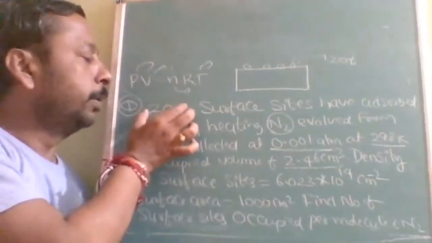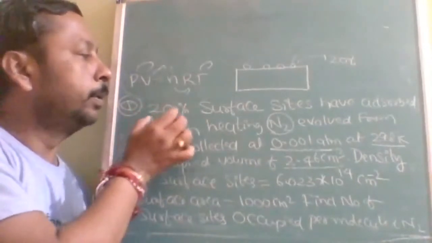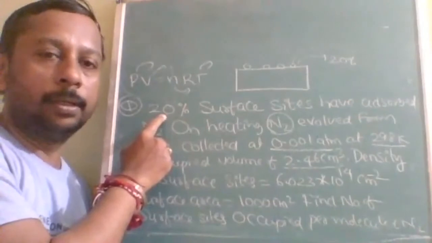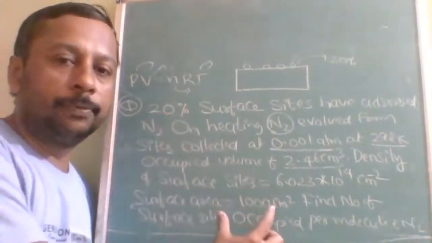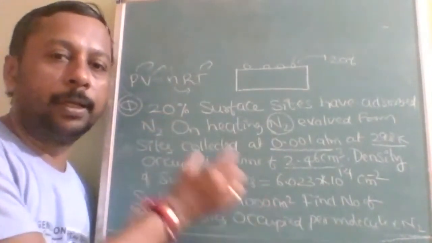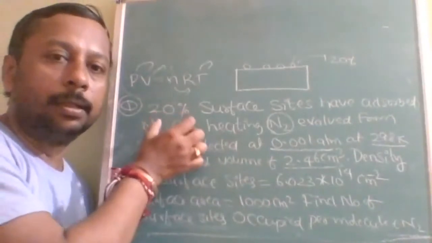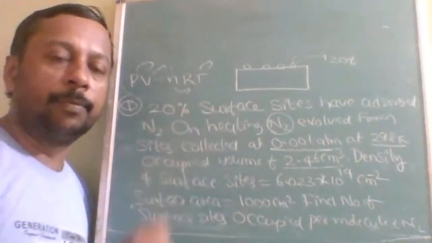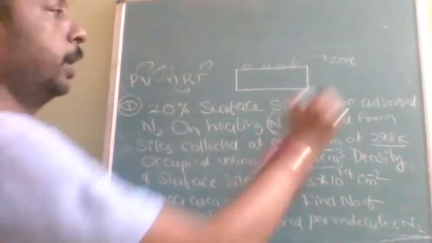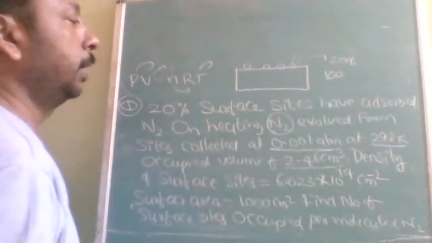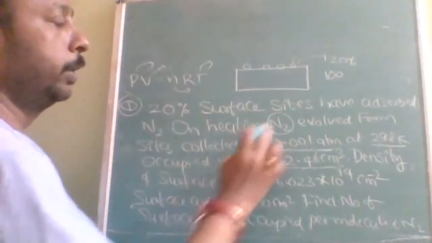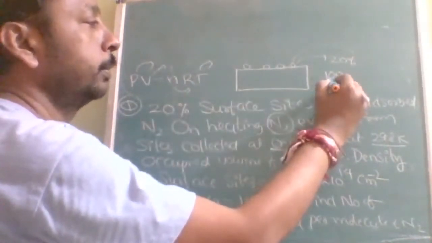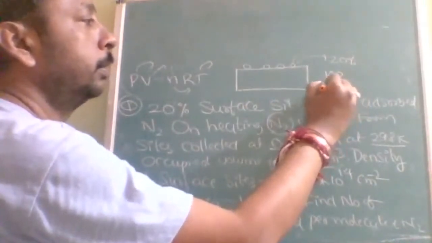So number of molecules out of them, if they are the 20% only. So 20% of this 100 centimeter square, you calculate, then that 20% is occupied by those many molecules. Let us take 100 molecules of N2 and 20% of the sites are, suppose, 300.